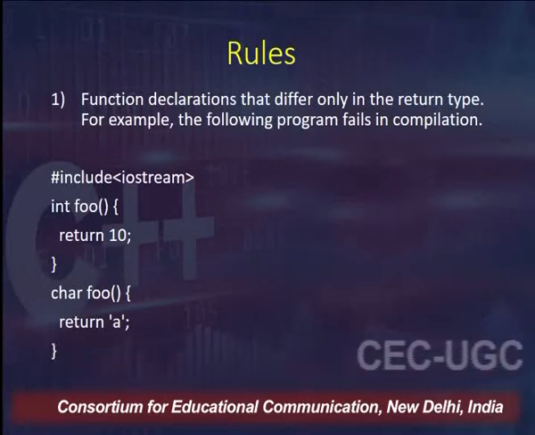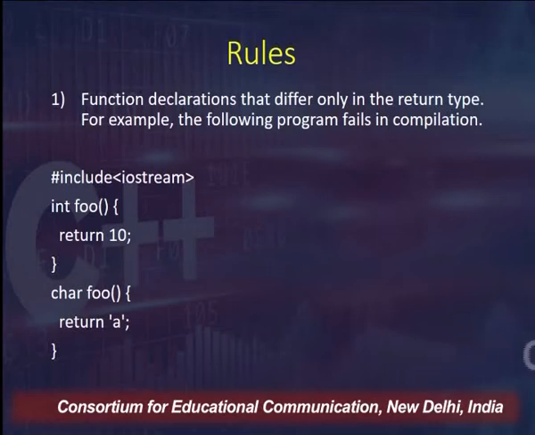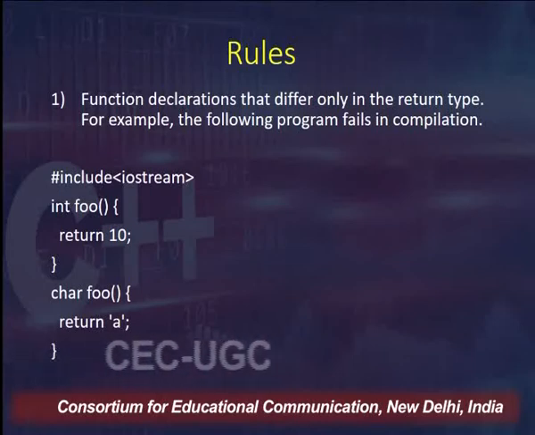Here in this example there is no parameter list, so the parameter list is 0. The name is the same. So what is being differed here? If you see in this program, the difference is only and only the return type.